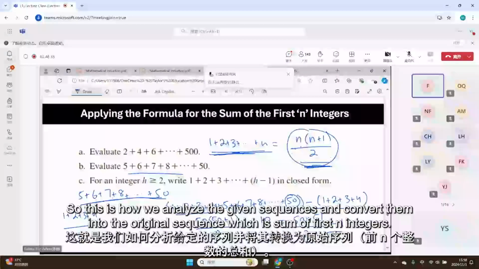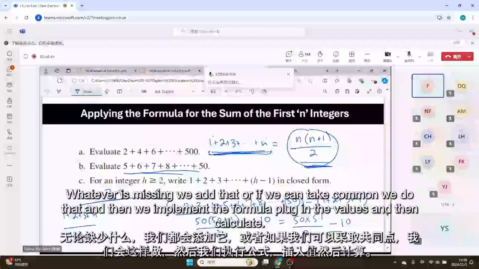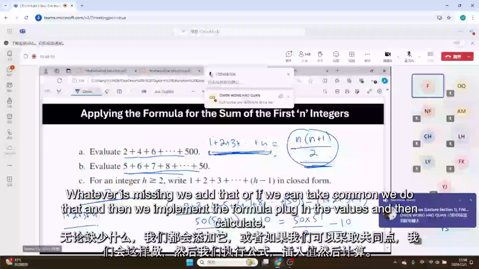Okay. So this is how we analyze the given sequences and convert them into the original sequence, which is the sum of first n integers. Whatever is missing, we add that, or if we can take common, we do that, and then we implement the formula, plug in the values, and then calculate.